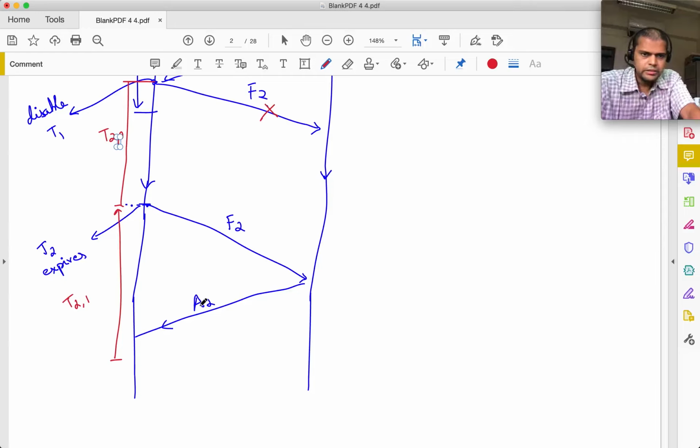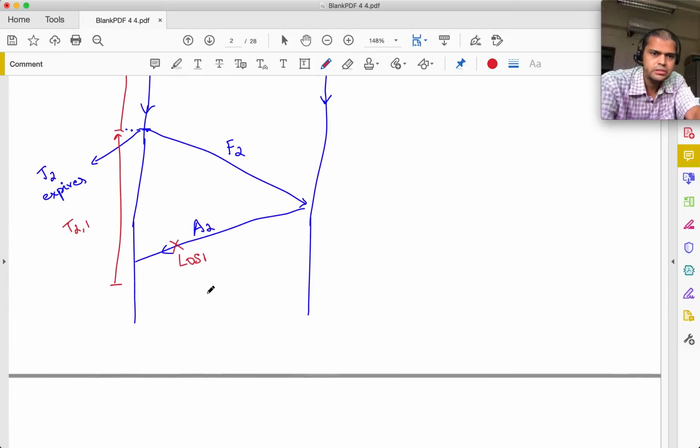And let's say that the acknowledgement now got lost for some reason. It didn't reach here. So the frame got through correctly, but the acknowledgement didn't reach the sender. So actually there is no need for the sender to send another copy of this frame 2. But the problem is it doesn't know what has happened. It didn't get back the acknowledgement, so it's going to assume the worst case.